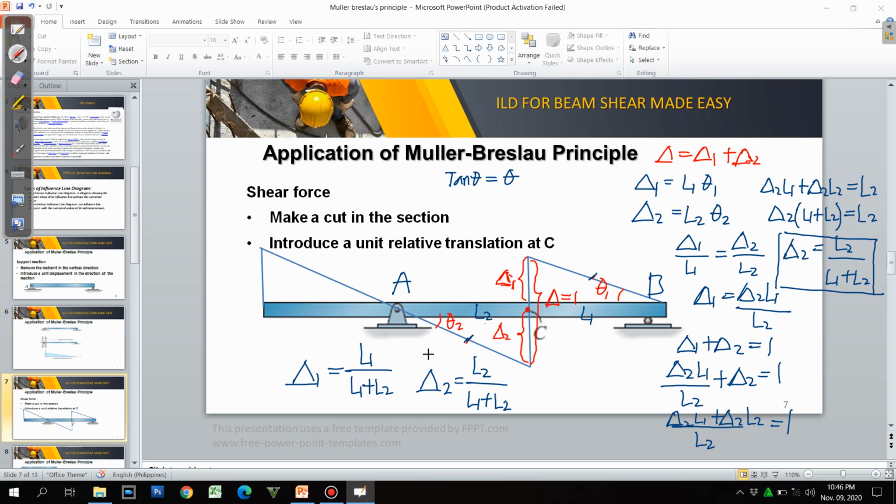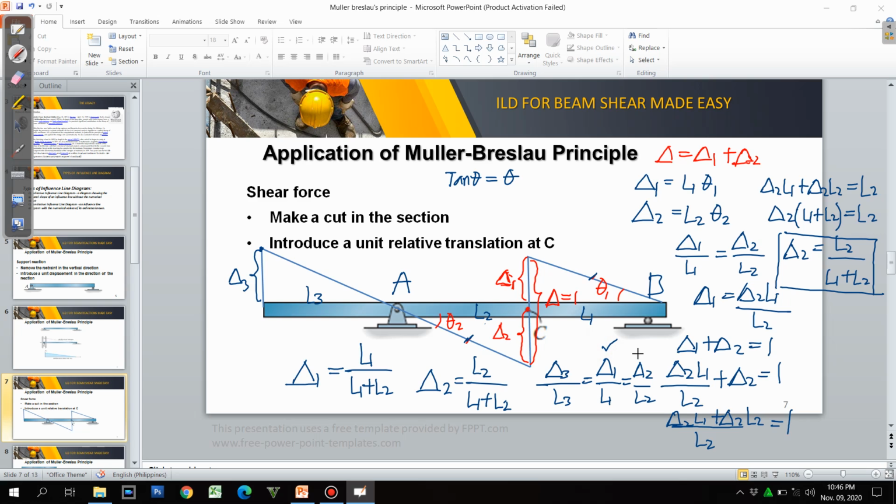Okay, so that's it. If we know this delta 1 and delta 2, then it follows that we can obtain this one, say this is delta 3, by ratio and proportion. So if this is L3, we'll just have to say that delta 3 is to L3, which is equal to this ratio, delta 1 over L1 or delta 2 all over L2.